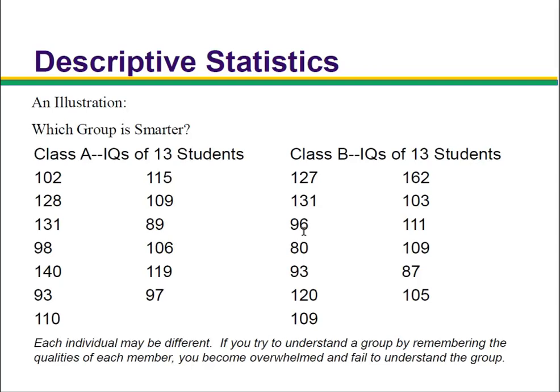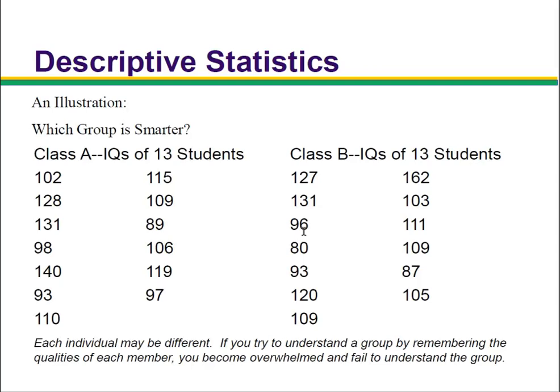So let's see why descriptive statistics matters in the context of a concrete example. Imagine you're an administrator at a school and you want to know which of two classes is smarter. Okay, so that's a question we need to answer. You have class A, and we're giving an IQ test to both classes, and then we give you results from both of them.